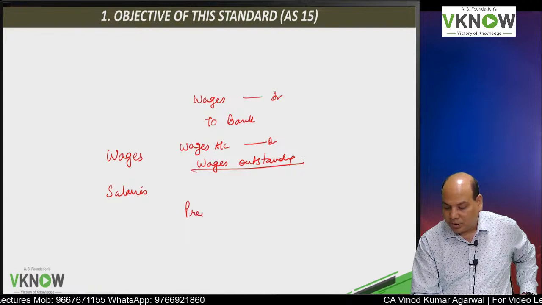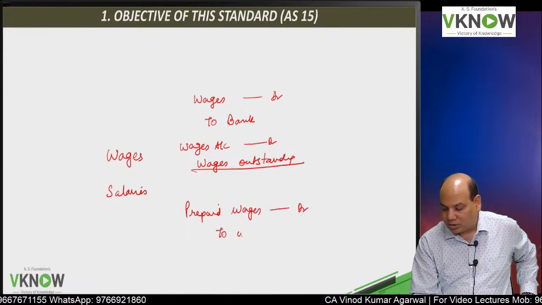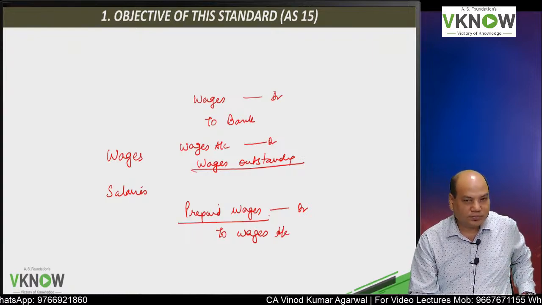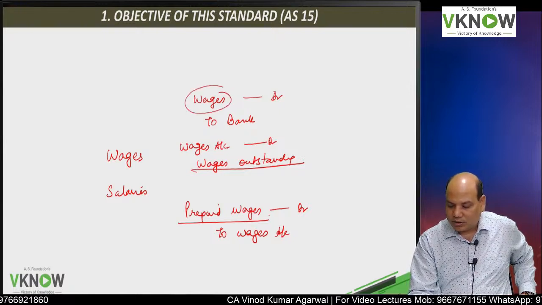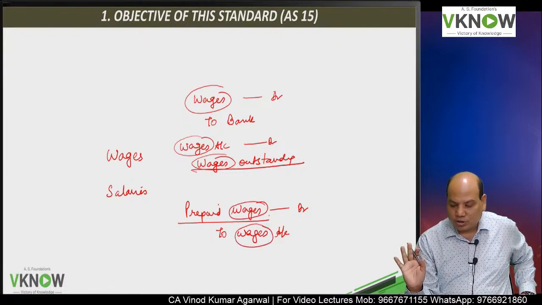If there is some prepaid wages, you have passed the entry in 11-12 standard, prepaid wages account debit to wages account, and that goes into the asset side of the balance sheet. That's it. Or instead of wage, it could be salary. In some problems, 11-12 standard deals up to this only.